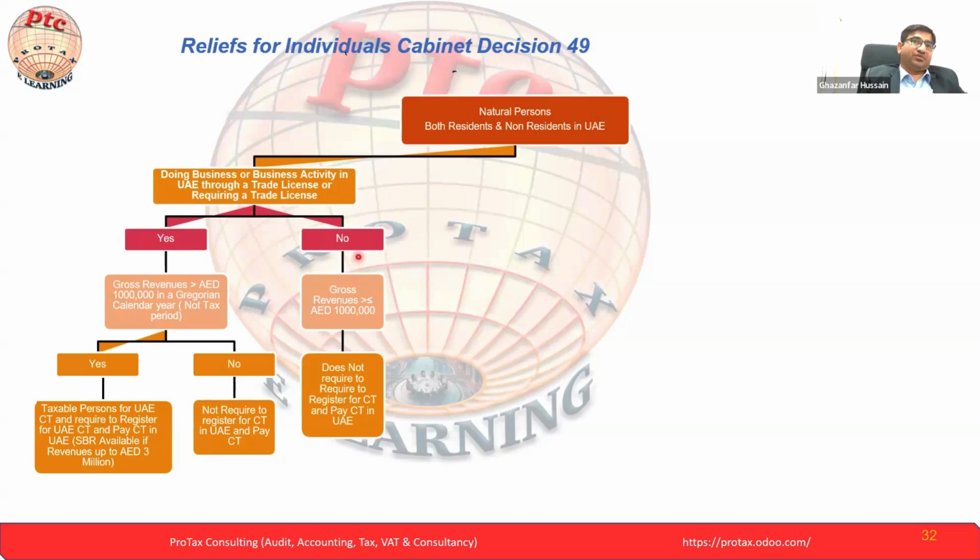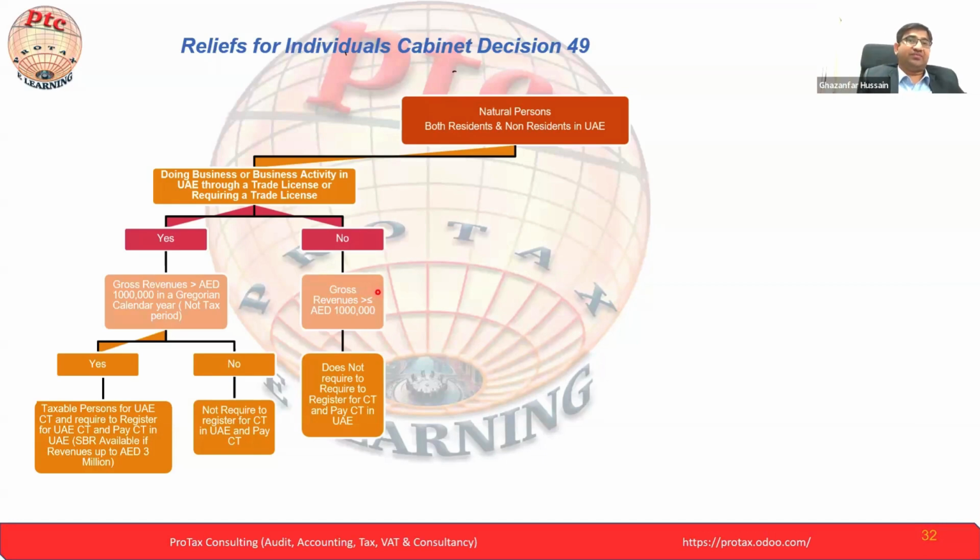If he is not doing business or business activity through a trade license or required trade license, then gross revenue, whether less or more than 1 million, does not require registration for corporate tax. You know what the point over here is: there are three exemptions, three benefits available to the natural person.